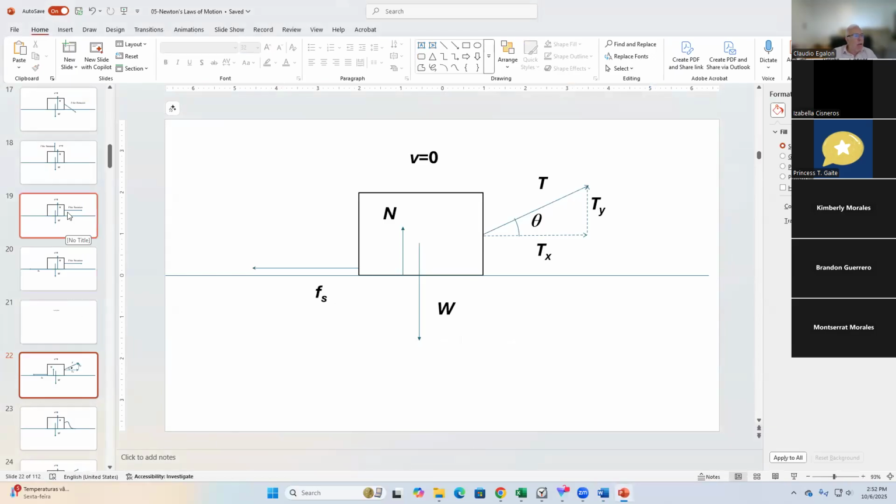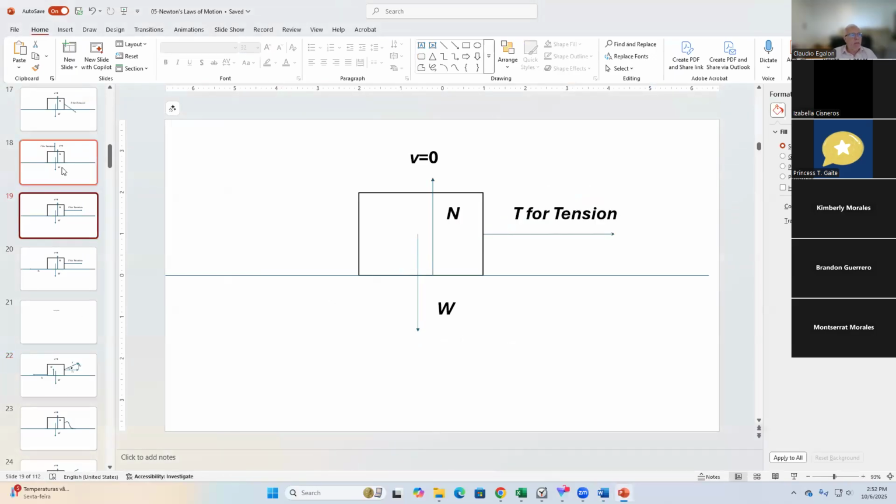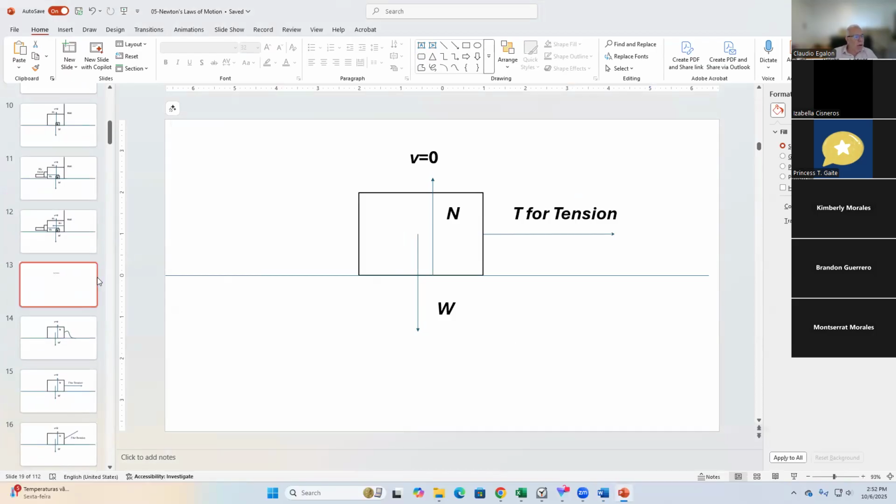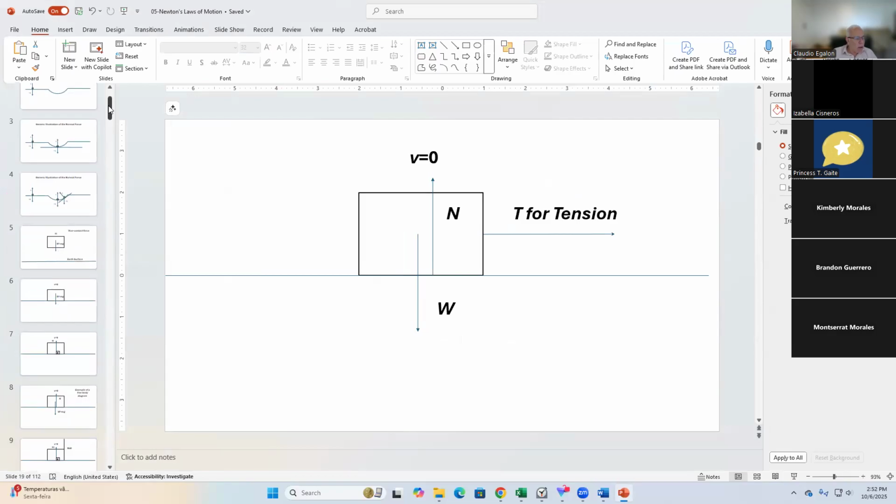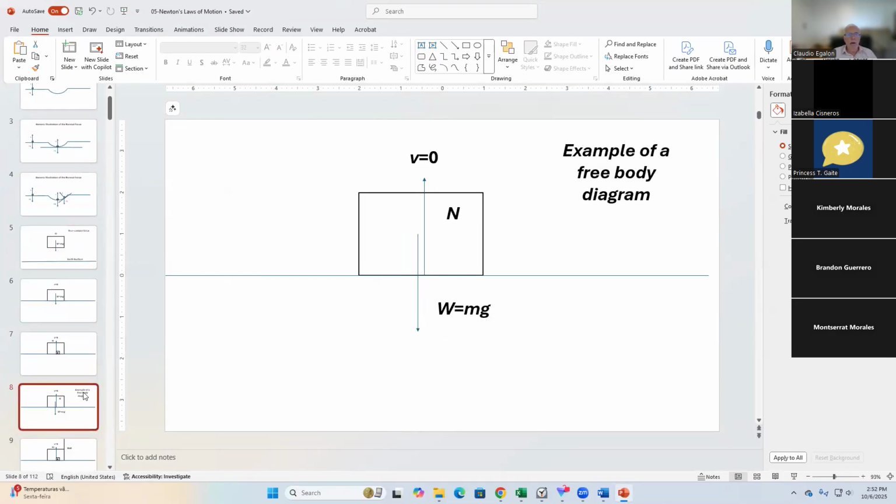Let's start with the simplest case, the simplest example. Here you go. Examples.